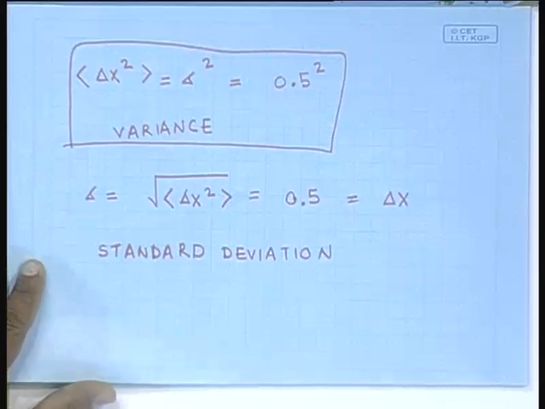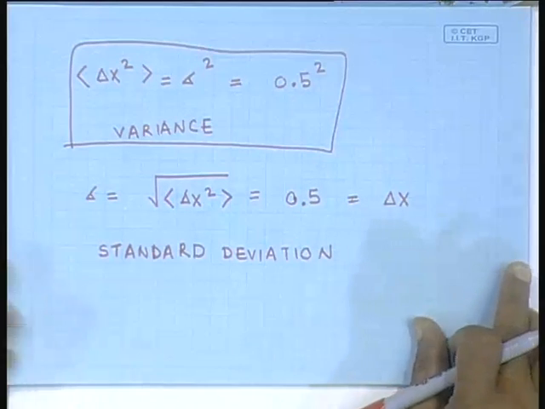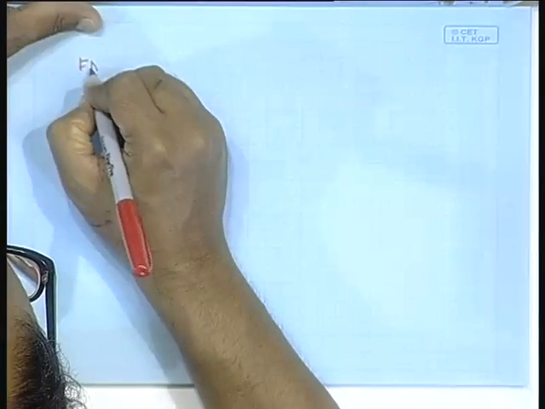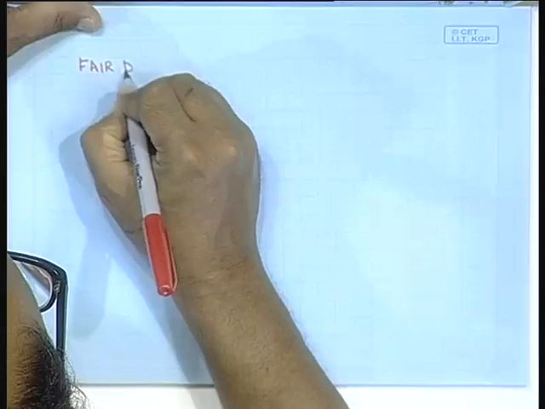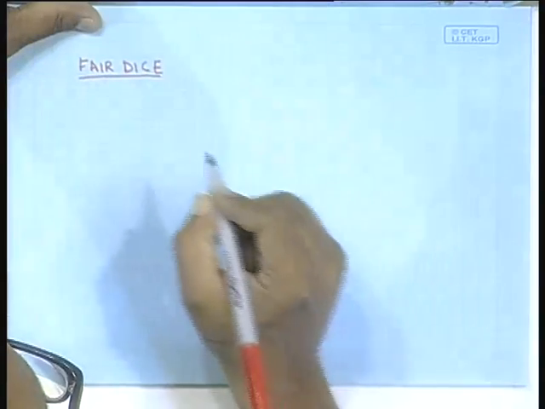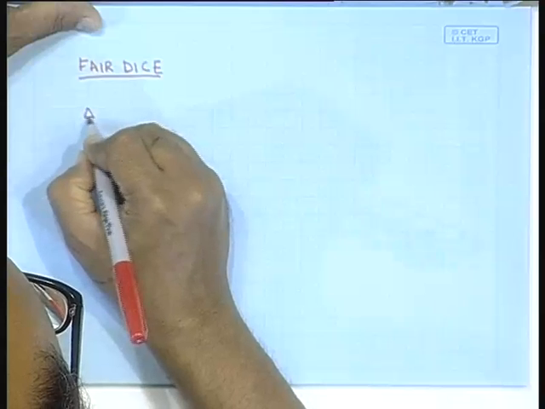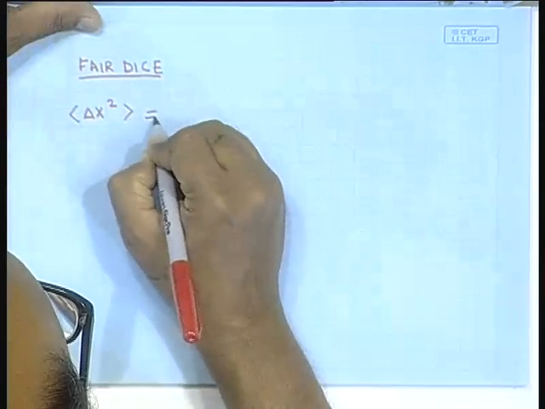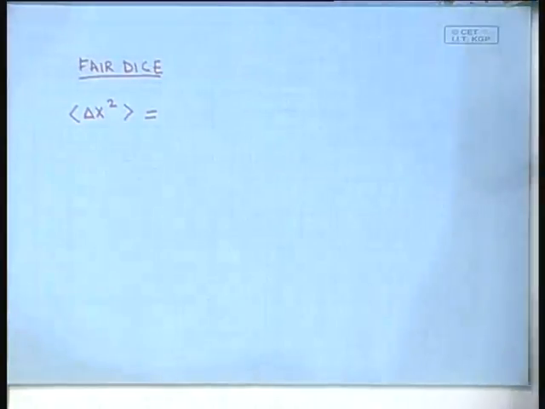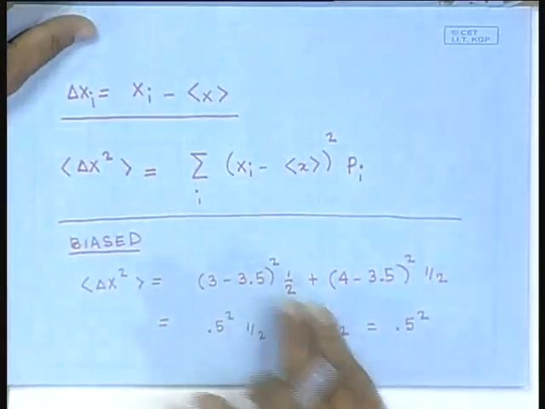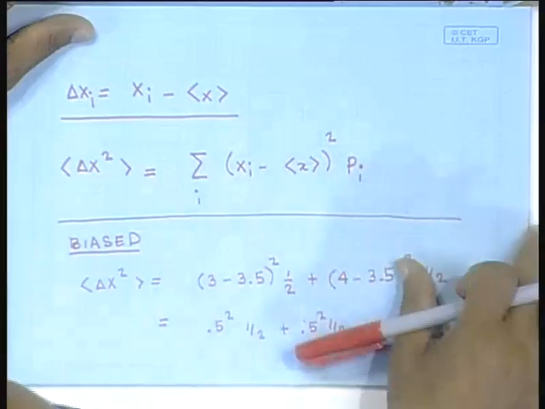Let us now calculate the same thing for the unbiased, the fair dice. We want to calculate the variance for the fair dice. There are 6 possible outcomes.